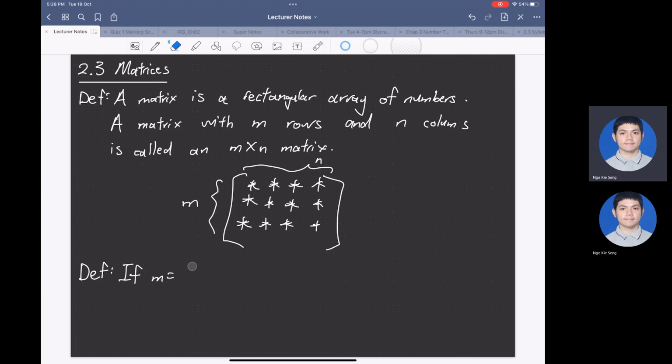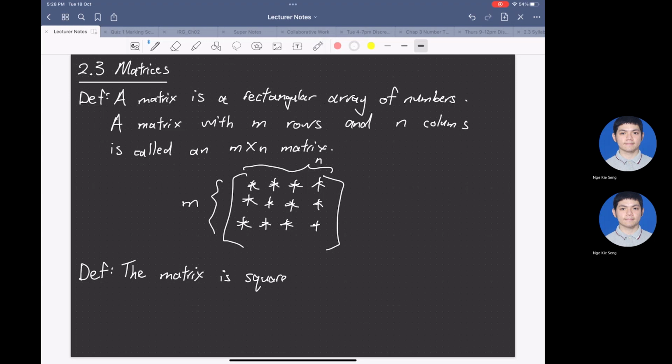Maybe phrase it better: the matrix is square if it is an n by n matrix. The number of rows and columns are the same.